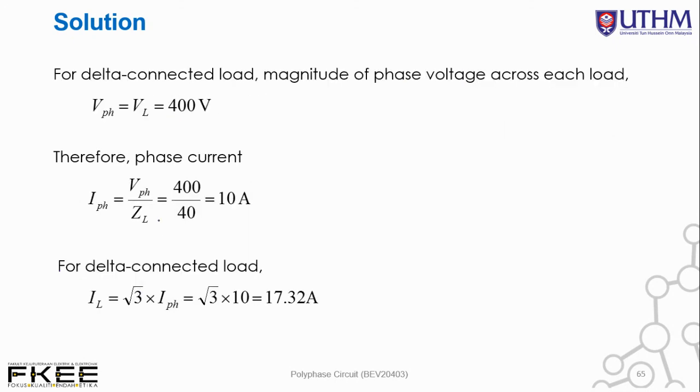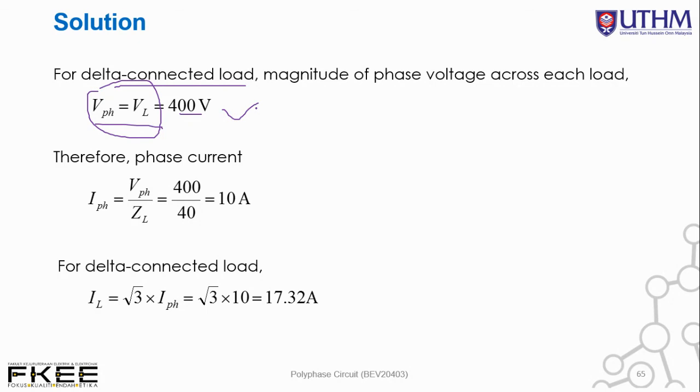All right, so what happened for the line and phase voltage in this particular example? The delta connected load has V phase equal to V line with the same value, which is 400. Therefore, for the phase current, you need to convert the value.